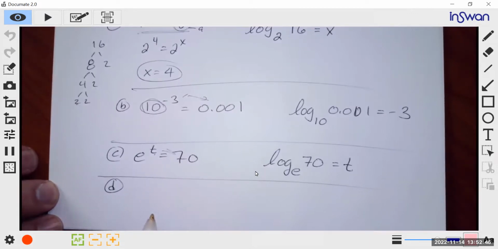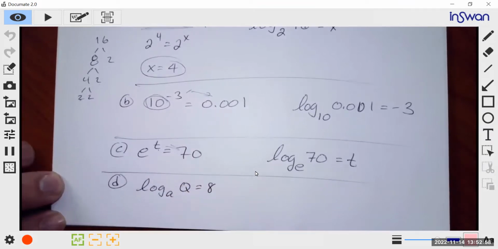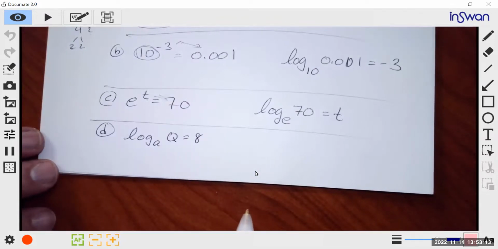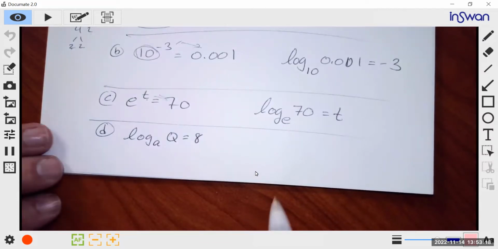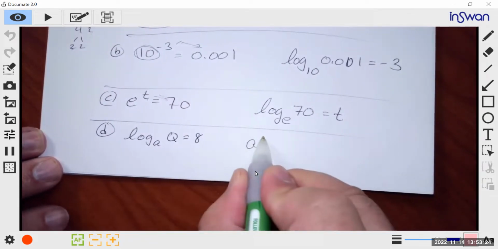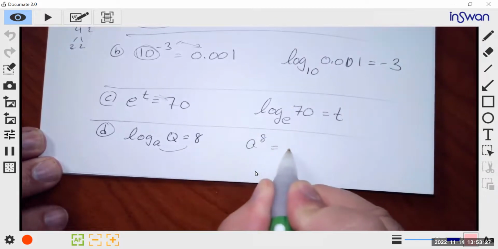Let's see what else. Write that as an exponential. So since it's logarithmic, we have a to the 8th equals what?